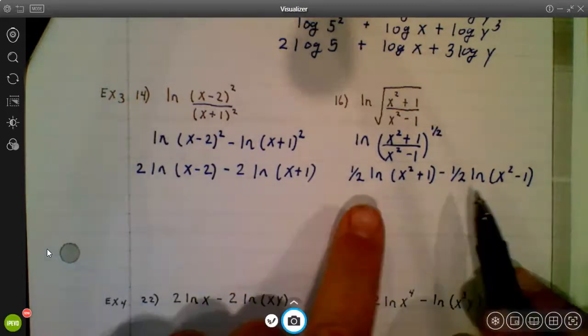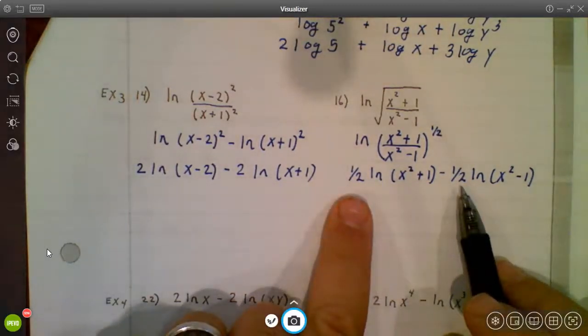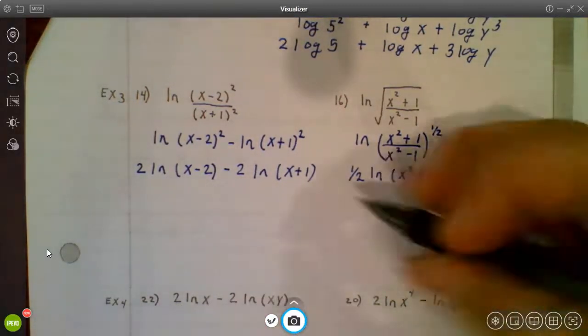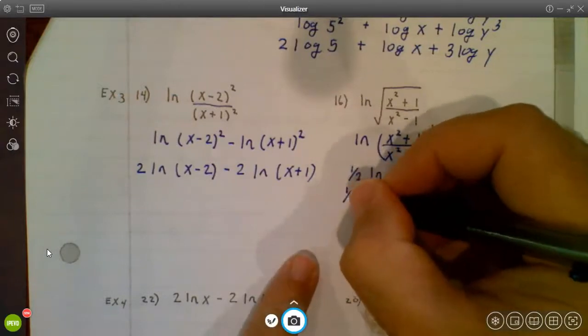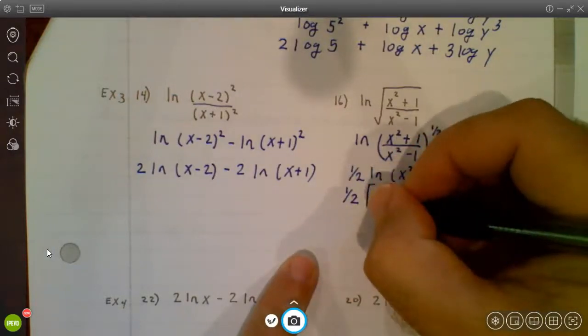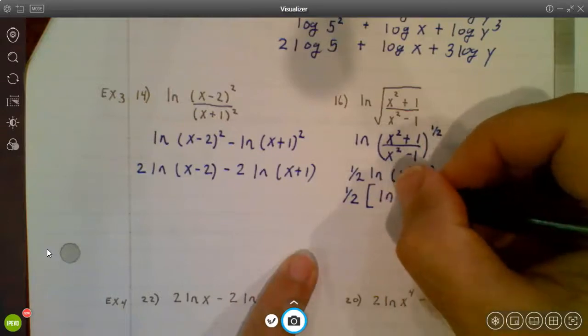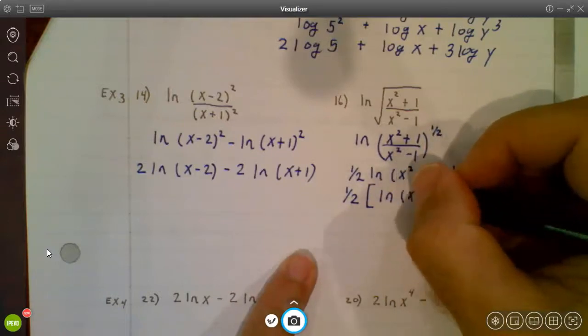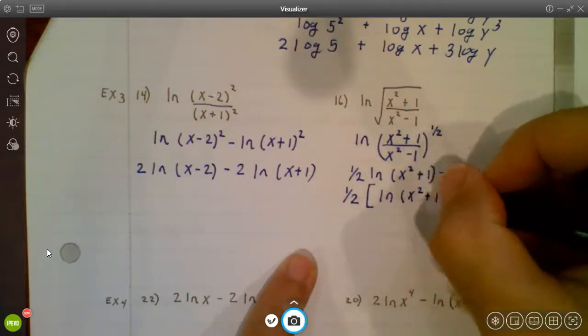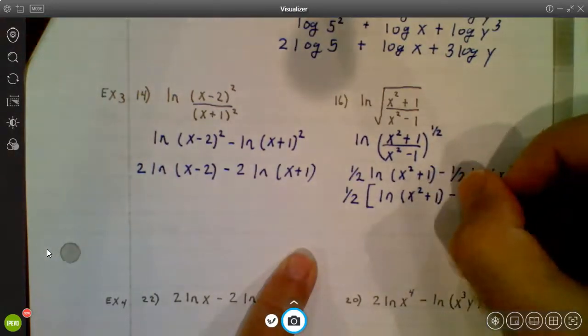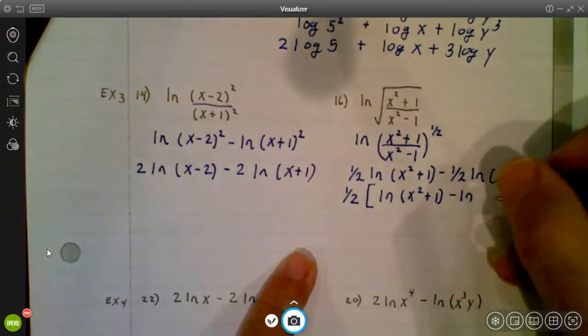Of course, you could just put the 1/2 out front and put the entire thing in a bracket to show that the 1/2 again belongs to both. So you could write it this way too. Either way is fine. It's not right or wrong, just 2 different ways of doing it. So it's almost like you're factoring out the 1/2.